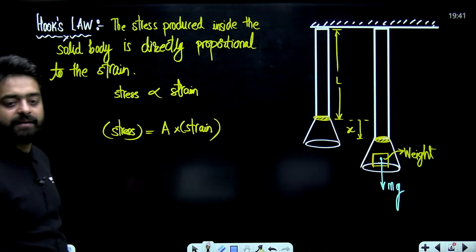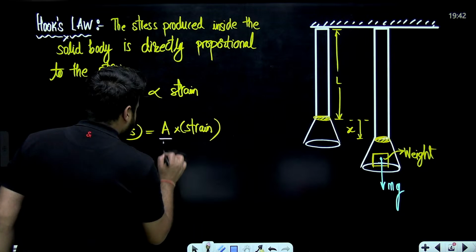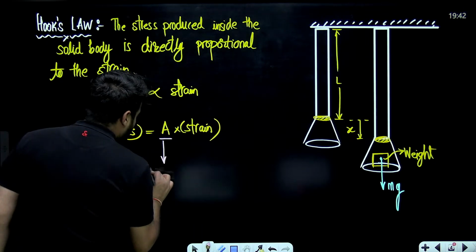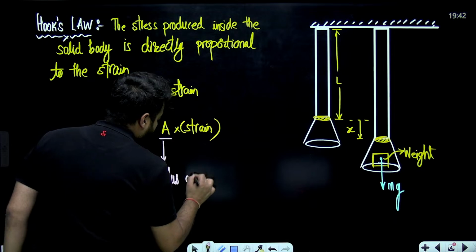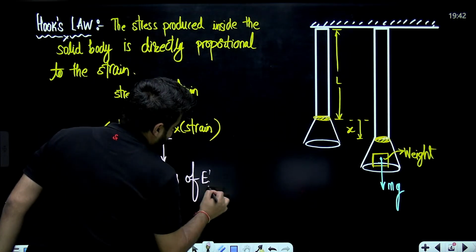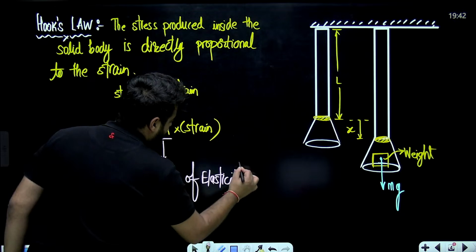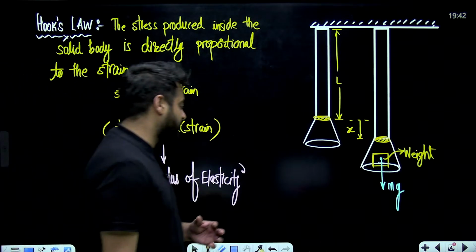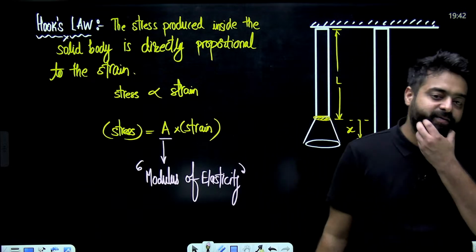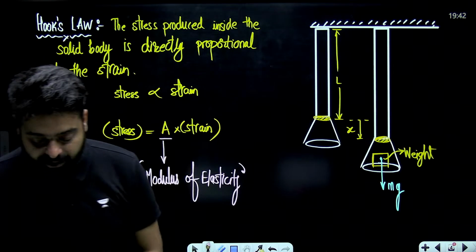They said A becomes the proportionality constant, or modulus of elasticity. So I want to know what types of modulus of elasticity there are, and what types of stresses and strains there are.